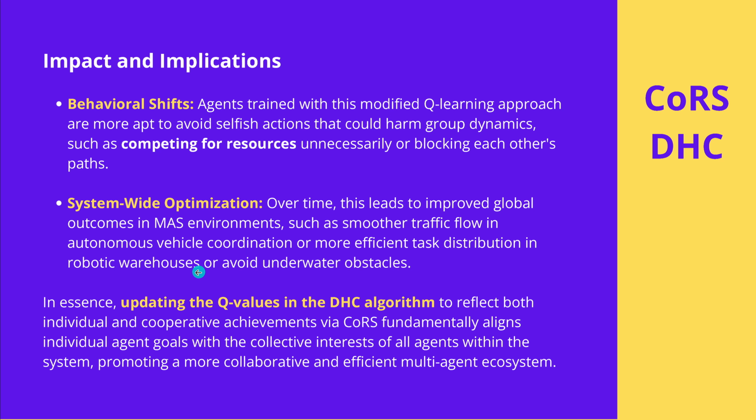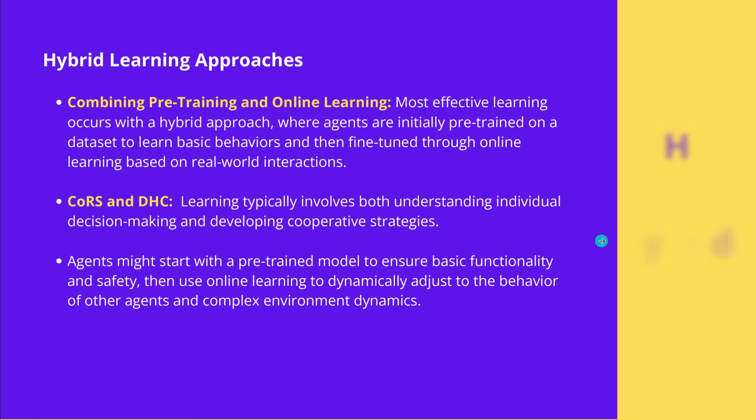So in essence, updating our Q values in the DHC algorithm to reflect both the individual and the cooperative achievement via course fundamentally aligns the individual agent goal with the collective interest of all the other agents within our system that we are able to calculate and code, and this promotes a more collaborative and efficient multi-agent ecosystem. I told you it's not that difficult.